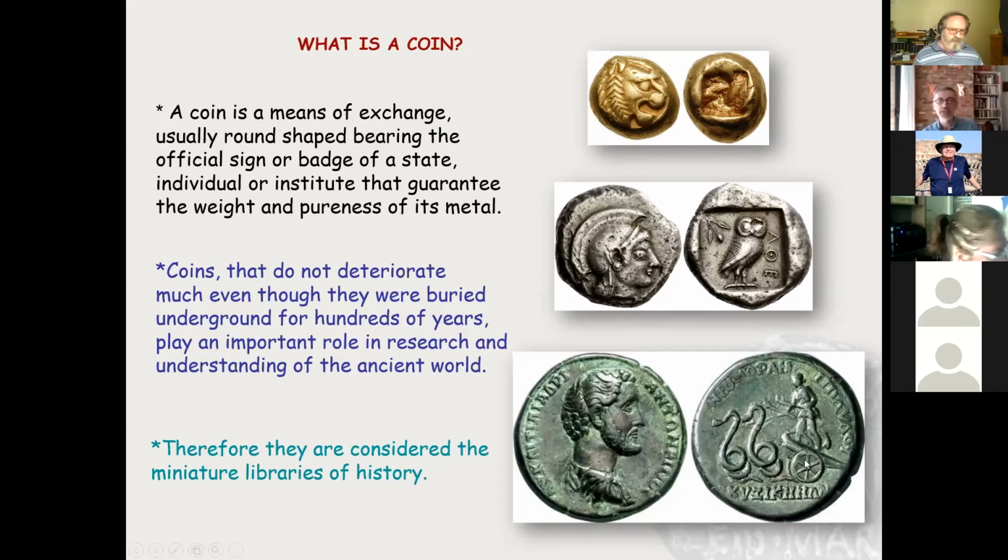This is what makes a piece of metal a coin. Without this, it's not a coin. It's maybe a metal, maybe money. You can call it money, but it's not a coin.